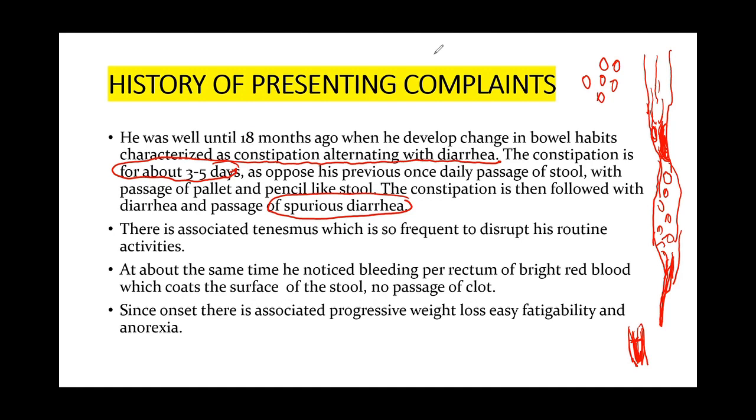Mark you, sometimes a patient with dysentery caused by shigellosis or a form of amoebic dysentery may have these symptoms of tenesmus. They will be having a frequent urge to defecate, and when they go to the toilet, they pass a small quantity of mucoid stool. So what is actually happening?